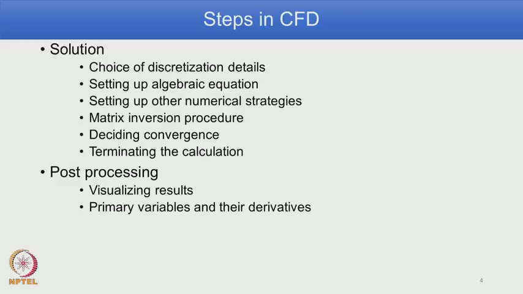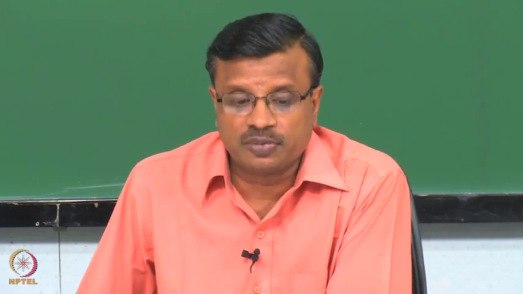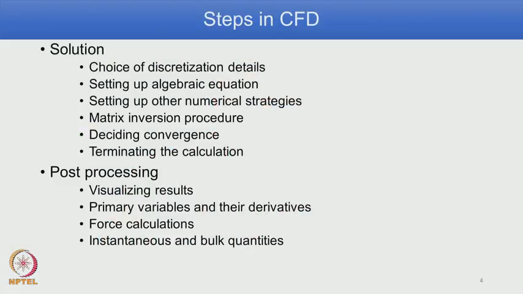You can also plot the derivatives: stream function is a derivative, vorticity is a derivative. You are also interested to find out, for example, force exerted or thrust developed, that also can be estimated. And if you are solving an unsteady problem, then you can obtain all this instantaneously, or you can also do an average and get a bulk quantity.